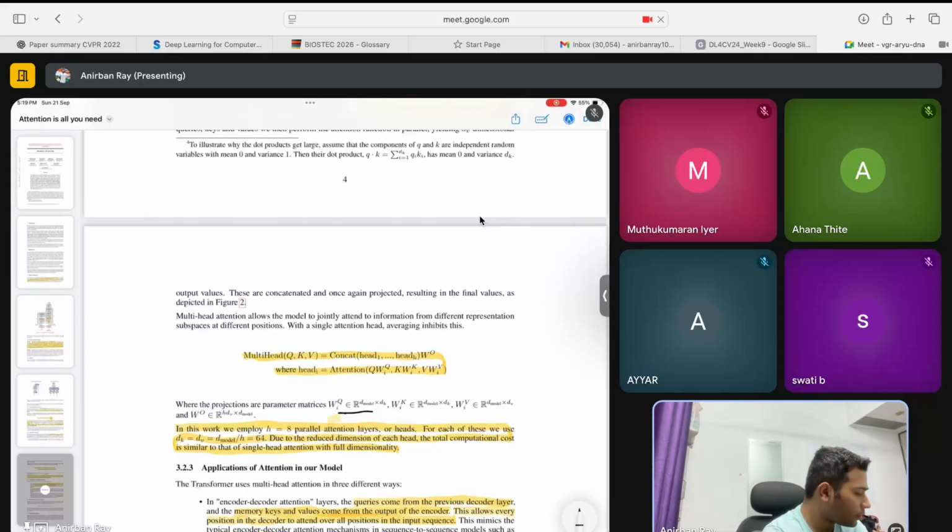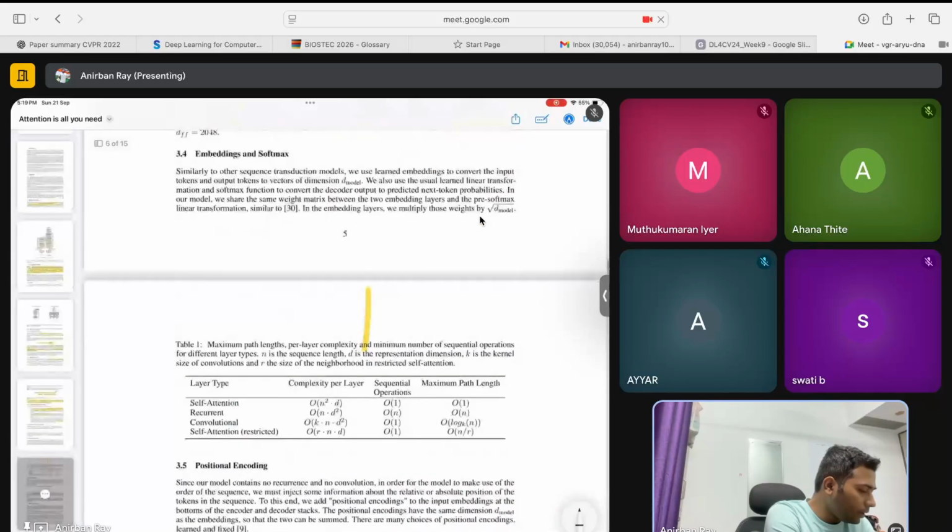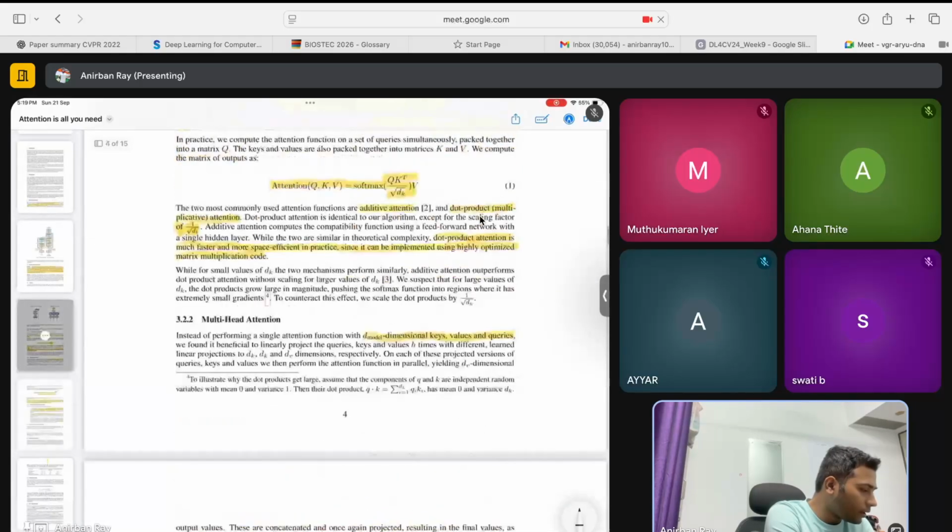So each of the dimensions gets reduced. We finally also multiply with another learnable weight matrix w0 to take it back to the original dimension. So this is what they do here, and this is called the self attention.